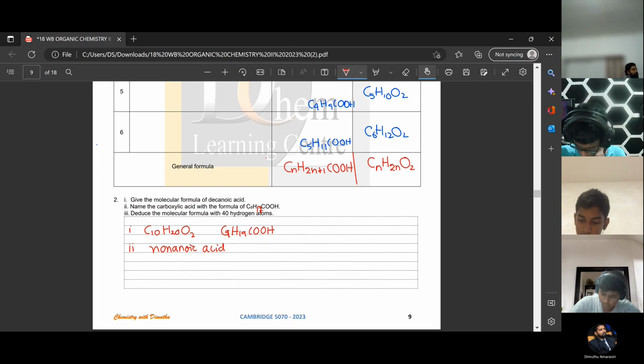What is the formula of the 20-carbon carboxylic acid? C20H40O2, or you can write C19H39COOH.